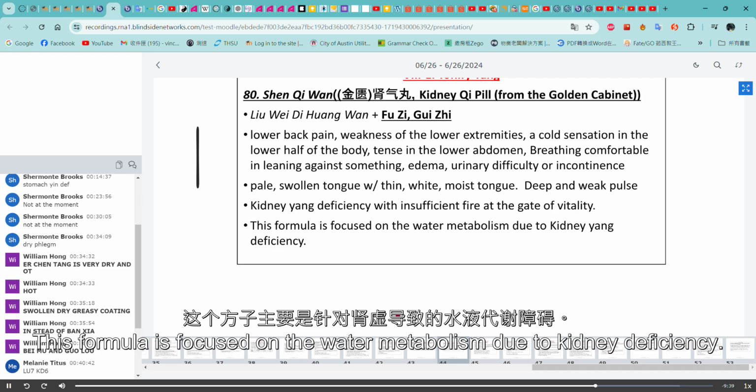This formula is focused on the water metabolism due to kidney yang deficiency.